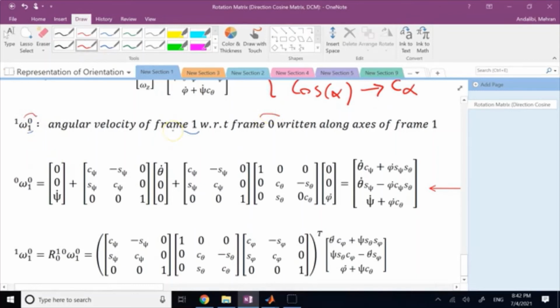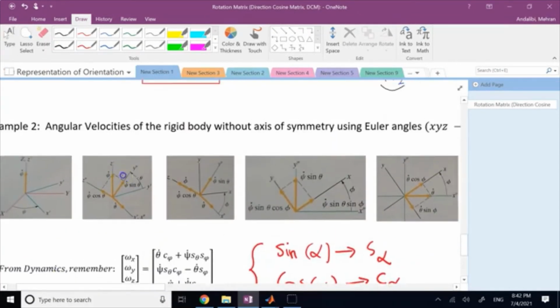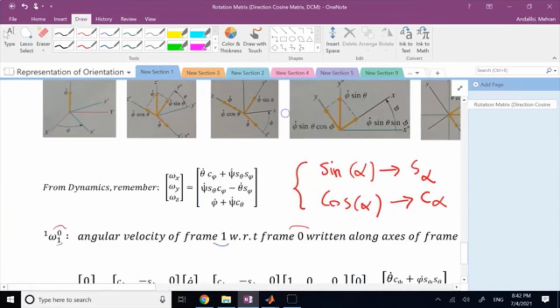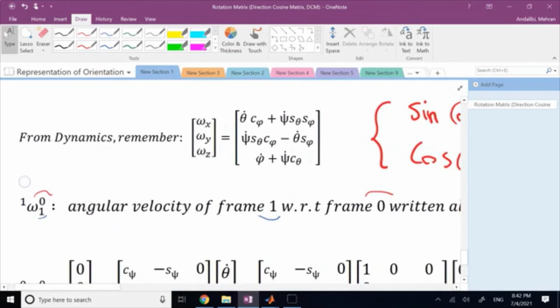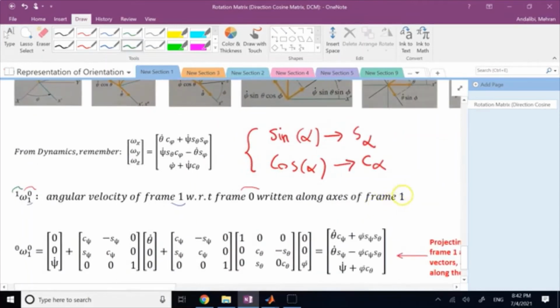In this example, 1 means the body attached frame, 0 means the inertial frame. That's what I want. The omega of the body attached frame with respect to inertial, measured with respect to inertial, because frame 1 is attached to the rigid body. But when you want to write it along the axes of what? Frame 1.